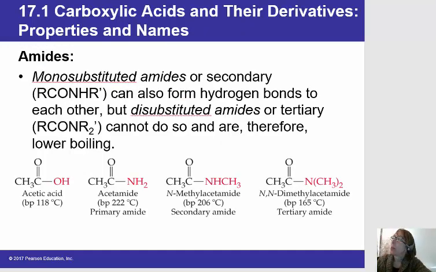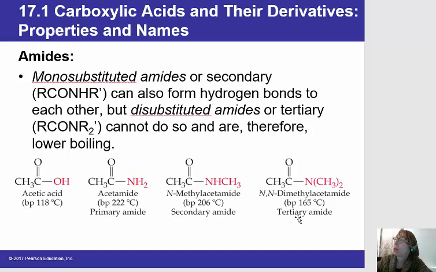So we can see the impact of hydrogen bonding when we compare the boiling point of acetic acid with a primary, secondary, and tertiary amide. The primary amide can hydrogen bond most effectively because there's two hydrogens directly bonded to the nitrogen. Secondary amide can hydrogen bond but less effectively than the primary amide, and tertiary amide cannot hydrogen bond at all.